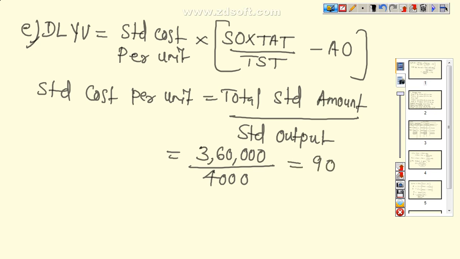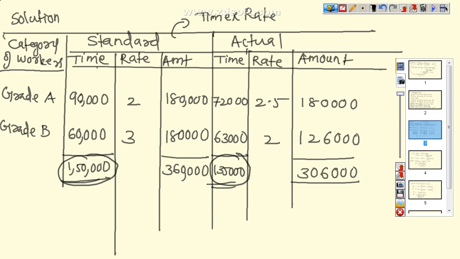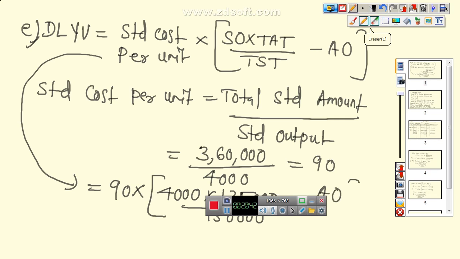After this we have to substitute in the main equation: 90 multiplied by SO, which is 4000, into total actual time 1,35,000 and total standard time 1,50,000, that is 1,35,000 upon 1,50,000, minus actual output. Sorry, actual output value is 4100.